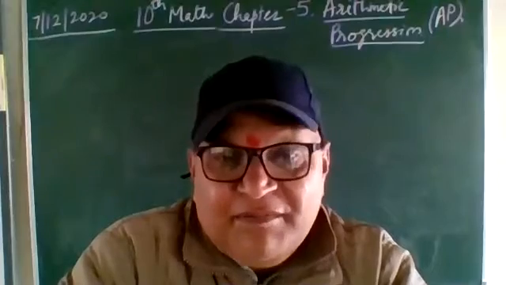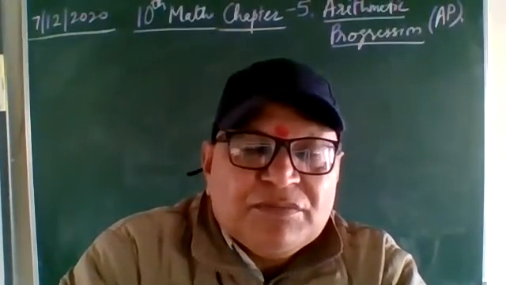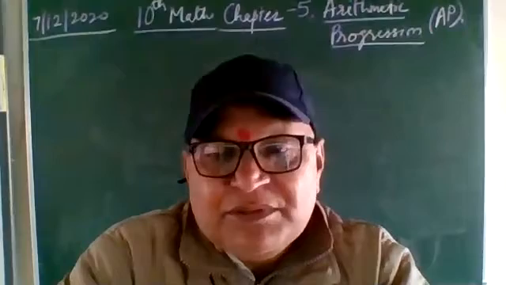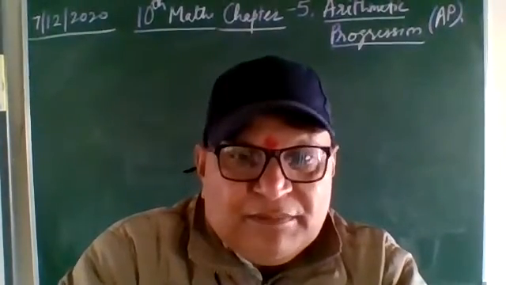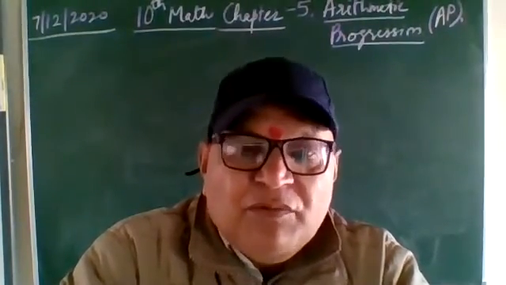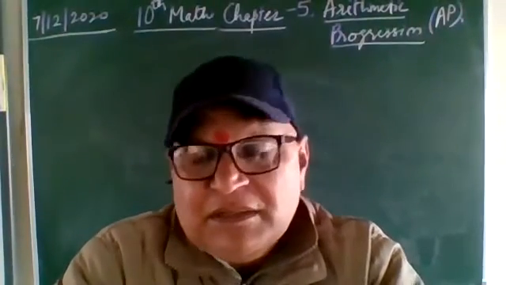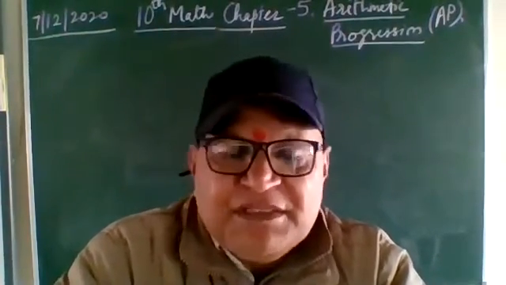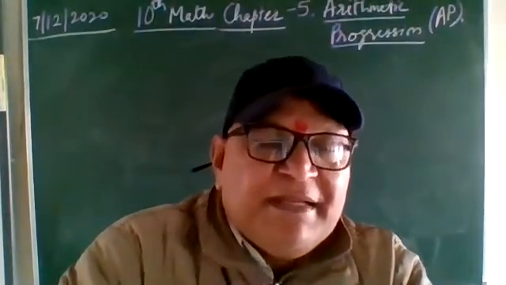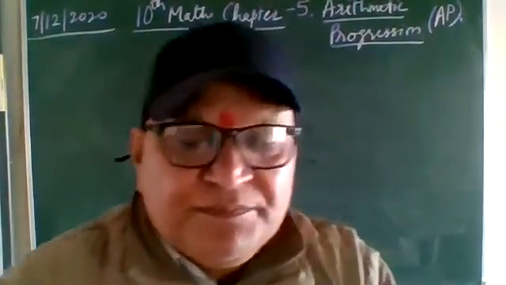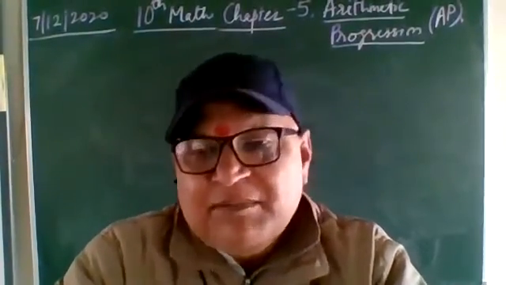But when we revise arithmetic progression, what are the terms needed to do the questions? You will find in the exam: the first term is this, the common difference is this, find the last term, or an AP is given to you, find the sum of it.